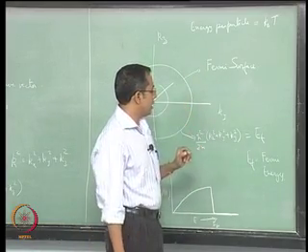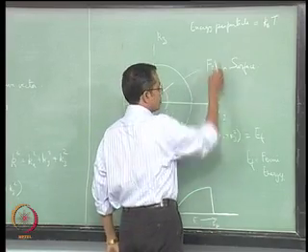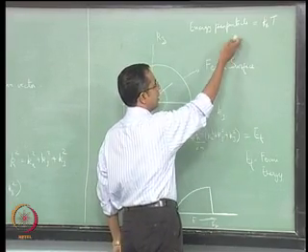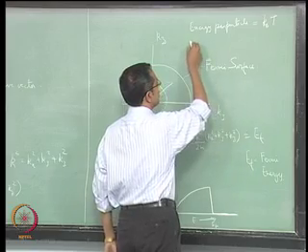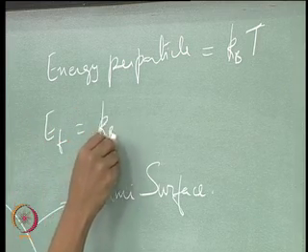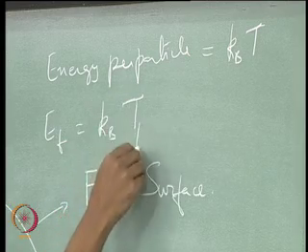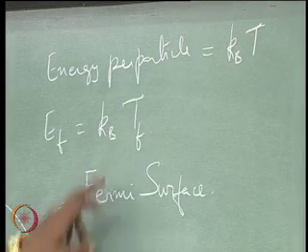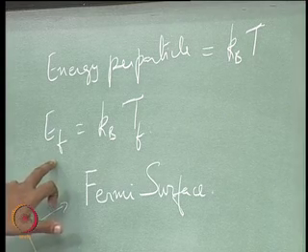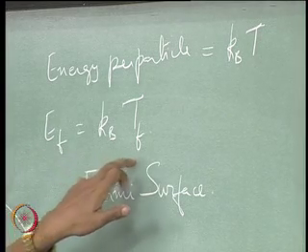So, now similarly we can write EF. This is all on a per particle basis, and in our case the particles are electrons. So, we can write EF equals kB times some T, which in this case we will put subscript F, TF, to associate it with the fact that it is EF that we are equating it with. So, EF is kB times TF.